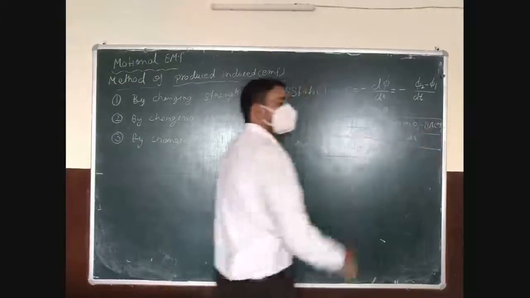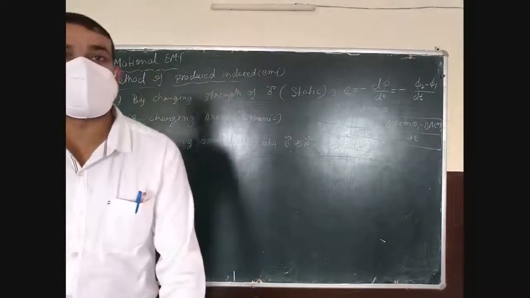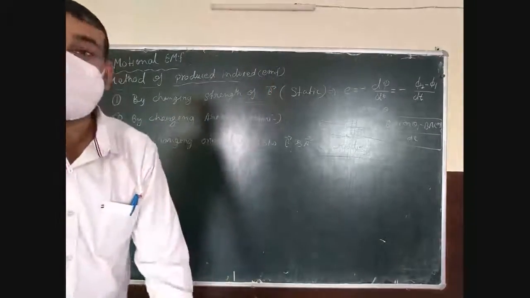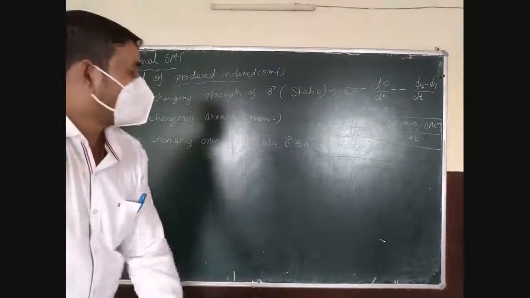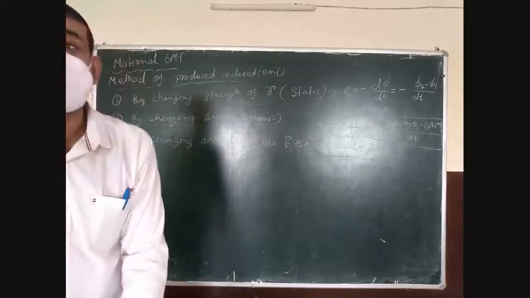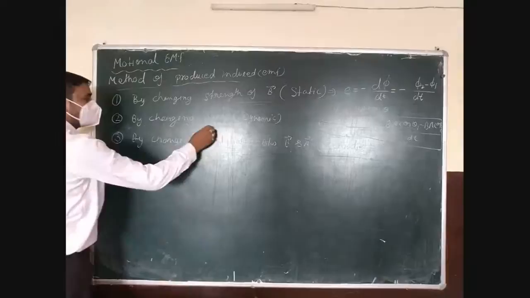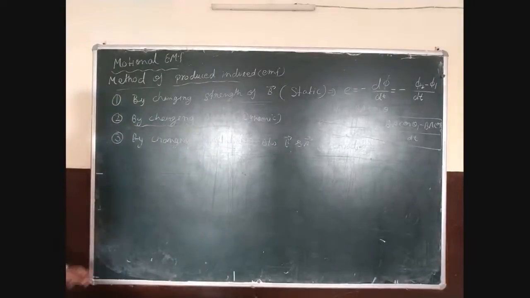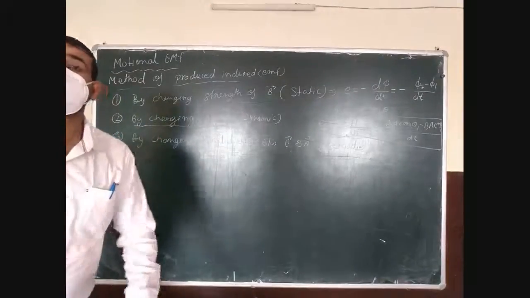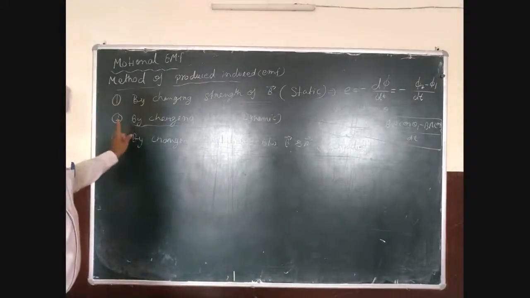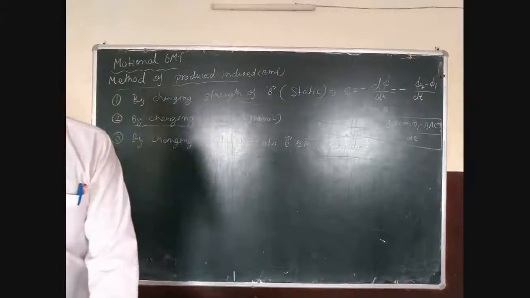This is the value of EMF induced by changing the strength of the field, as per Faraday's experiment. Now in today's class we are finding the value of induced EMF by using the method of changing the area of the coil.